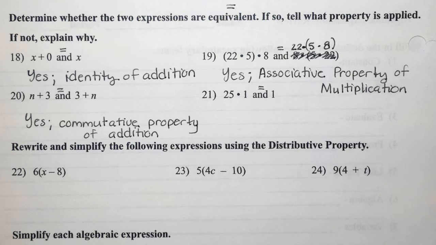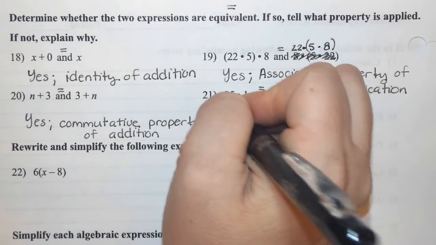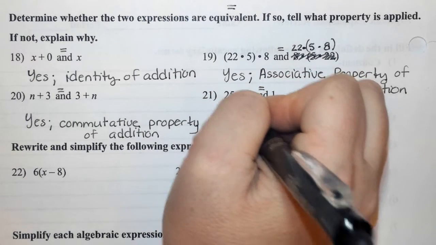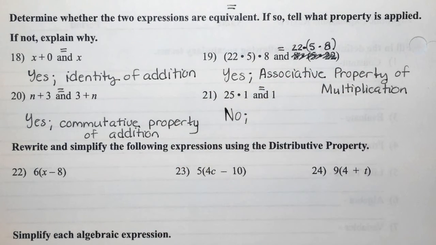All right, number 21 says 25 times 1 and 1. Are these equal to each other? No. What property did they try to use? What did they try to use, Chikara? The identity of multiplication.